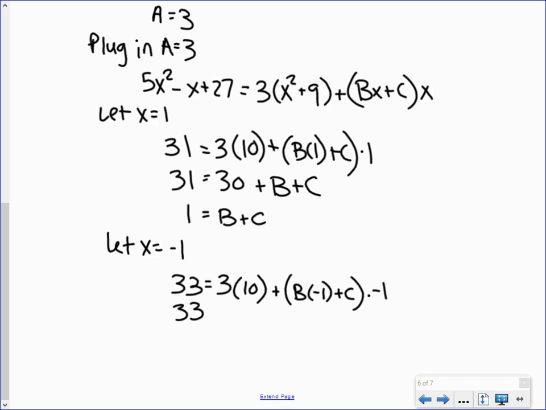Clean that up. 33 equals 30. This will be negative b plus c, but then it multiplies by negative 1, so it'll be plus b minus c. I'll get 3 equals b minus c. And then these are the 2 equations for your system.